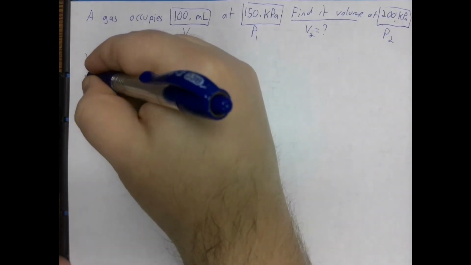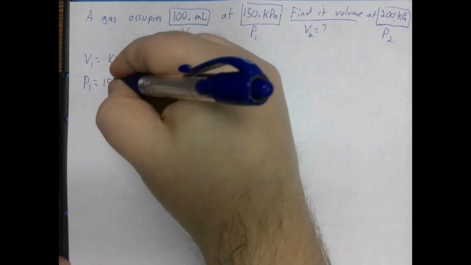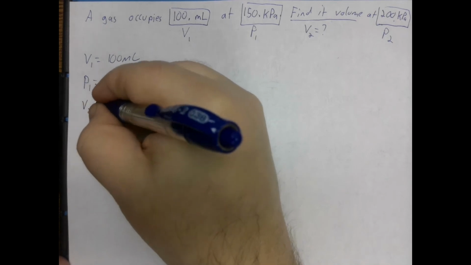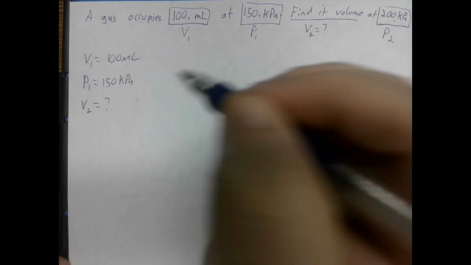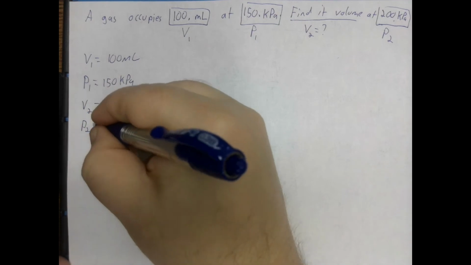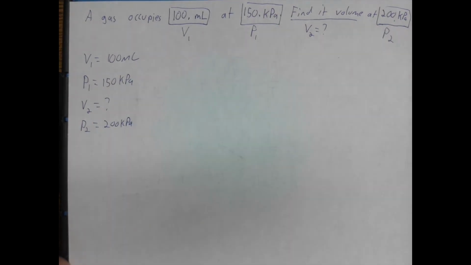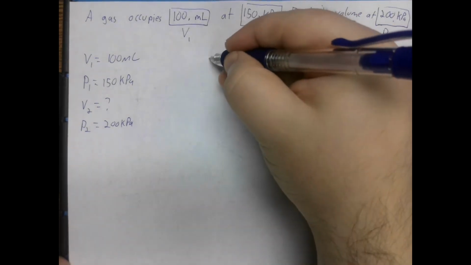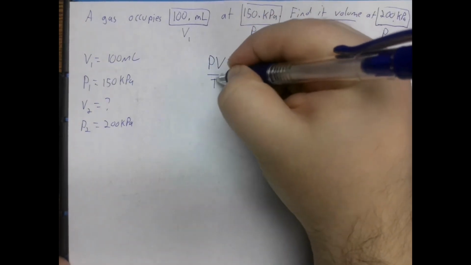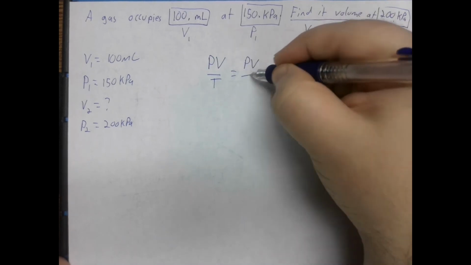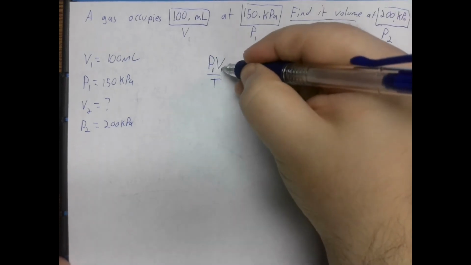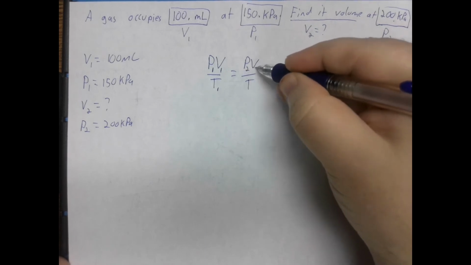So V1 equals 100 milliliters. P1 equals 150 kilopascals. We're trying to solve for final volume, and that's equal to 200 kilopascals. So begin with our PV divided by T equal to PV divided by T. It'd be initials on the left side, finals on the right side.